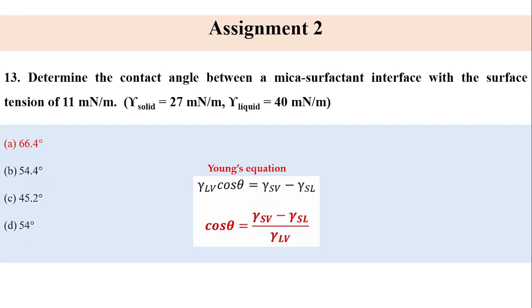So gamma SV is your gamma solid, that is solid vapor. So it will be 27. Gamma SL is your gamma 12, which is the surface tension of 11 millinewton per meter between the mica surfactant interface. And your gamma LV is the gamma of liquid. That is the surface tension of liquid, which is 40 millinewton per meter. You have to just put in the values and solve the equation.